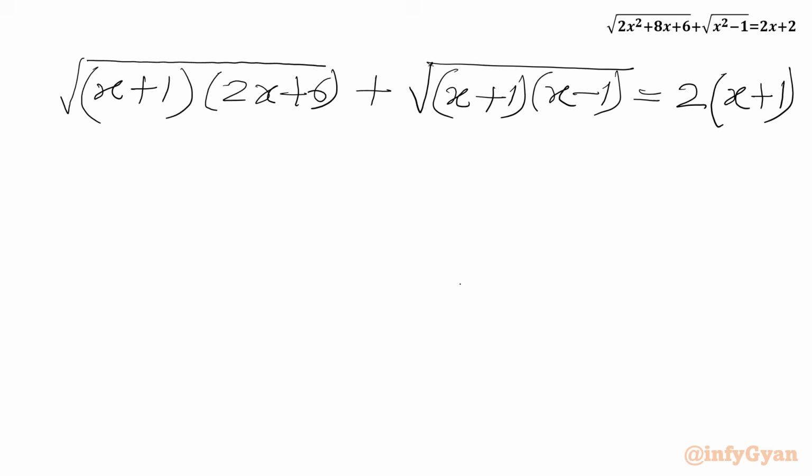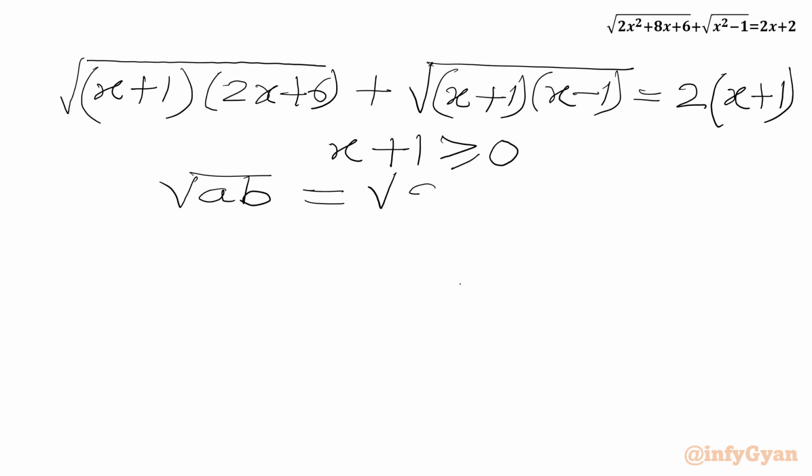Now there is condition on x. X plus 1 should be greater than or equal to 0. So we can go for one radicand property. Square root AB can be written as square root A times square root B. Here A, B are positive numbers.